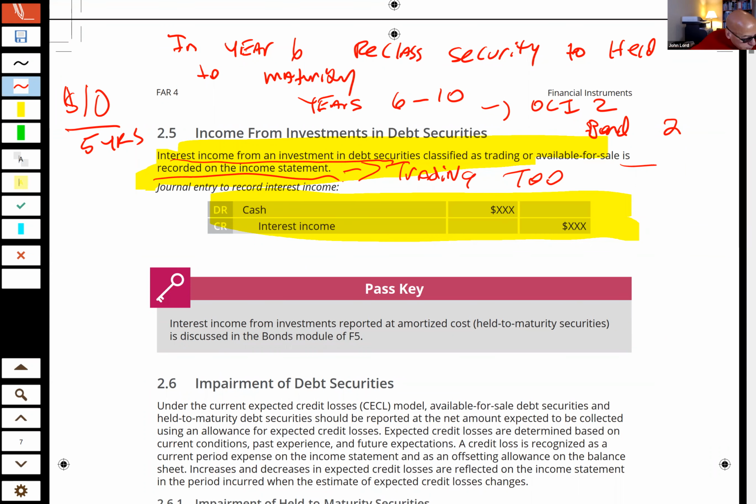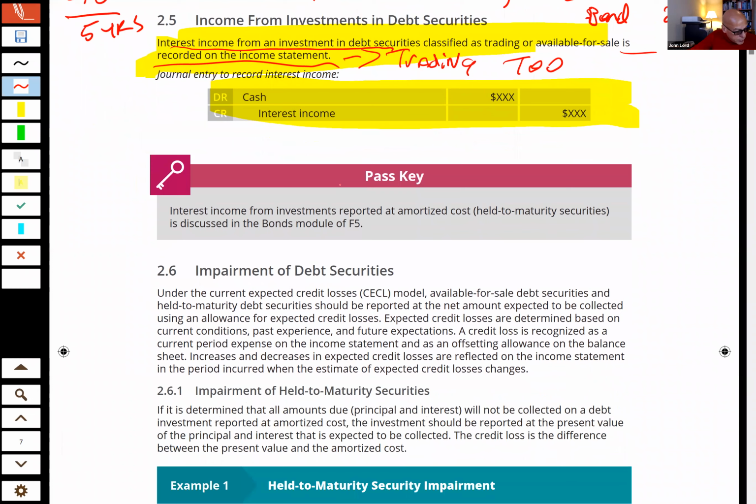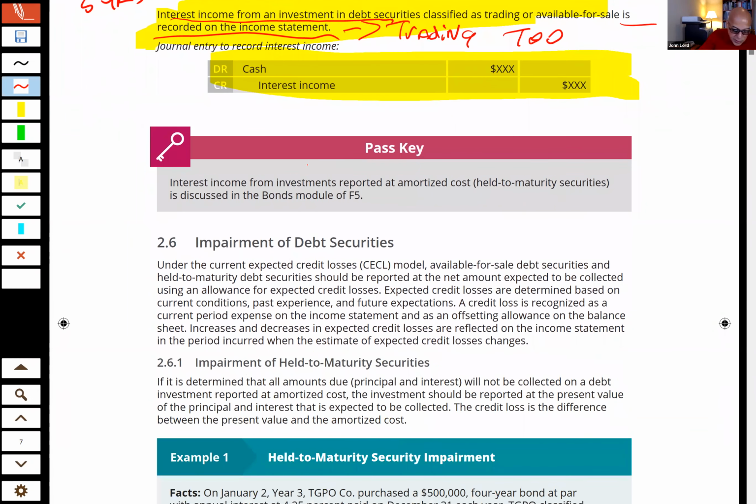Okay, good. Now you come over and if we have impairment, let's see how we deal with impairment. We're sitting here saying, well, you write the security up, you write it down for trading, for available for sale on the balance sheet. But if the decline in a held to maturity security is considered to be permanent, then we are going to have to write that down for that impairment.